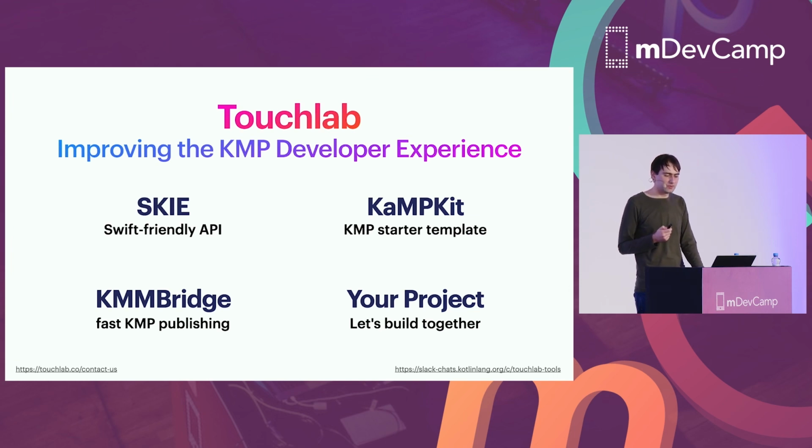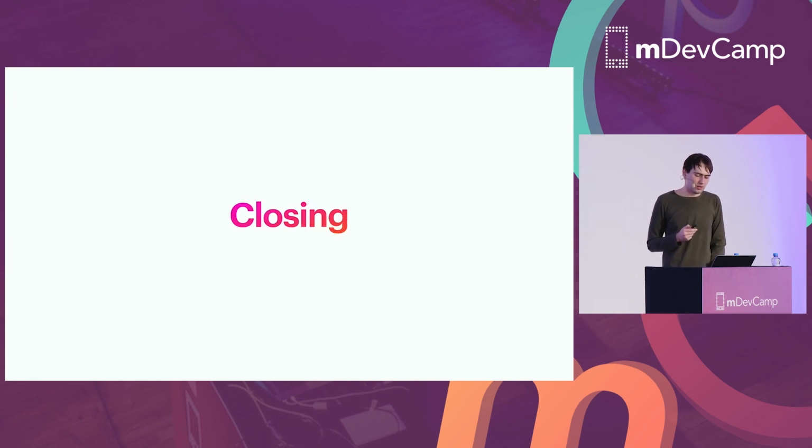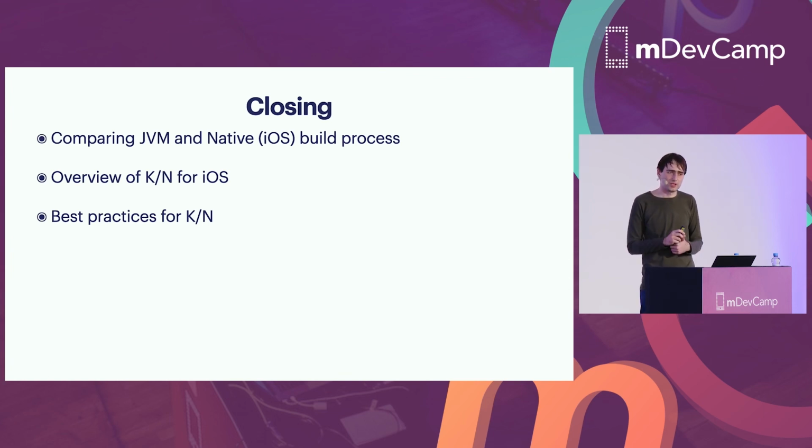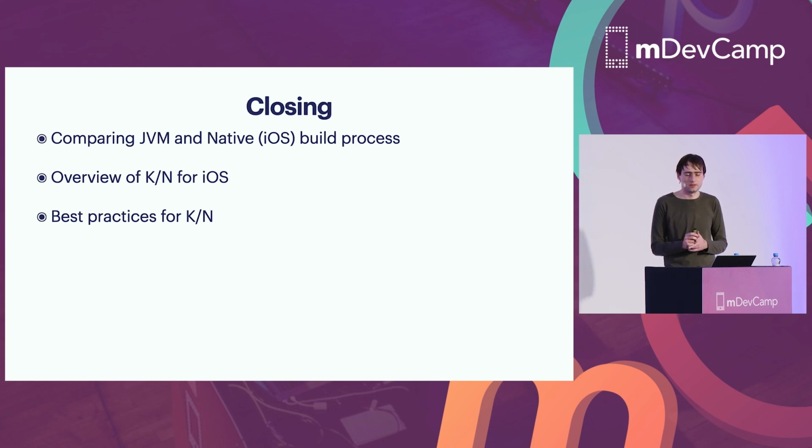And that brings me to the end of the presentation. Today we've discussed how the JVM and native world compare in terms of the build process. We looked at things like compilation and the differences in headers and binaries. We talked about libraries, how distribution works there, what static and dynamic libraries are, and why they are important.